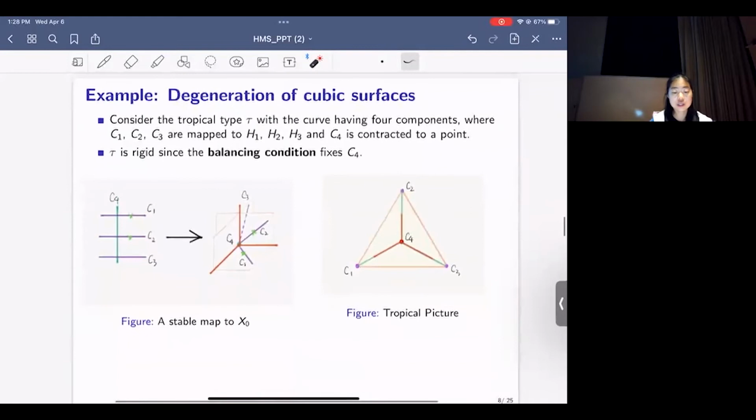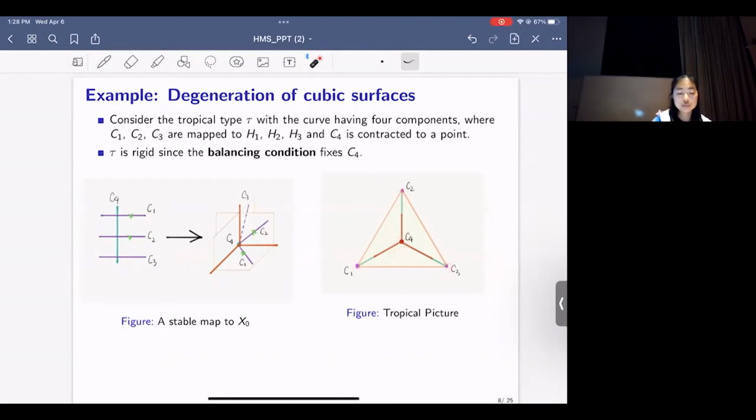And here is an example of what a rigid tropical type would look like. Consider the tropical type with the curve having 4 components, C1, C2, C3, and C4, where C1, C2, C3 are mapped to each component of the central fiber, and we contract C4. Tropically, this corresponds to 3 vertices over here and another vertex in the middle.